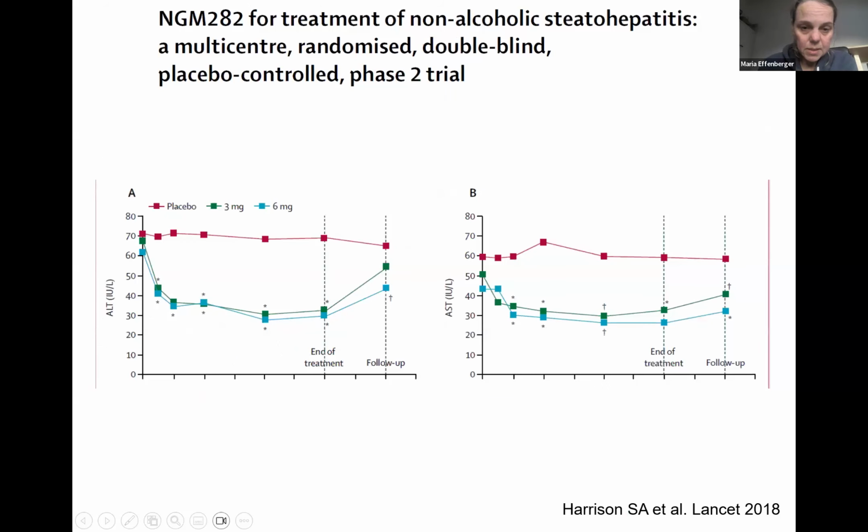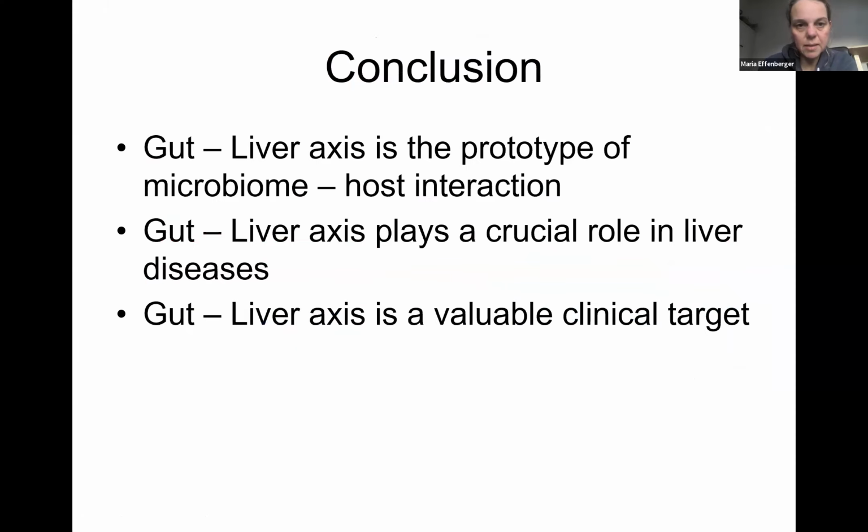And these things have already been in clinical studies as well, where you have these metabolomic products like FGF, and if you can stop or suppress them, you can show that the fatty liver and the lab parameters of fatty liver decrease significantly. And so I come to my conclusions.